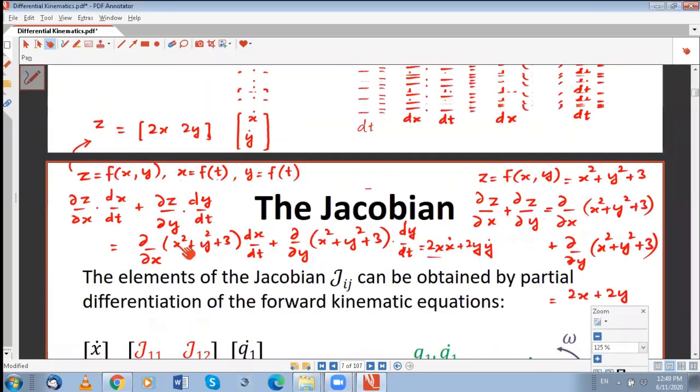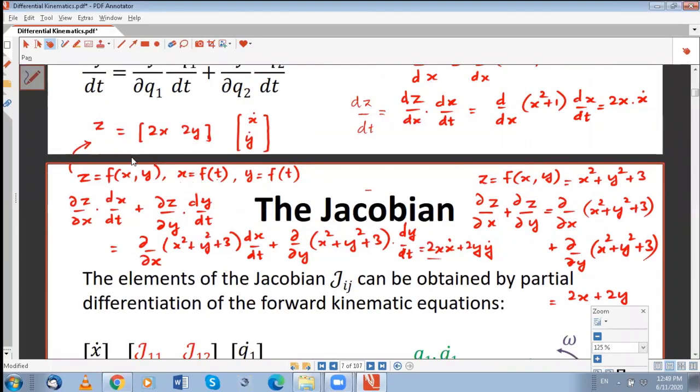Okay, so these were the basics of how to differentiate a multivariable function where the independent variables are further functions of time. So you have a function of something which is again a function of time. It's a composite function. In order to find dz/dt, you have to go in these steps.